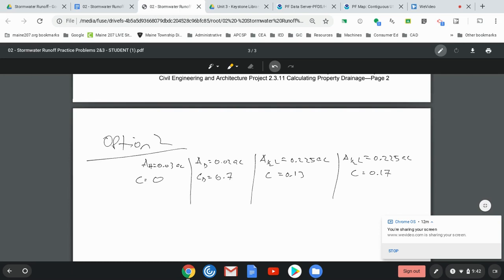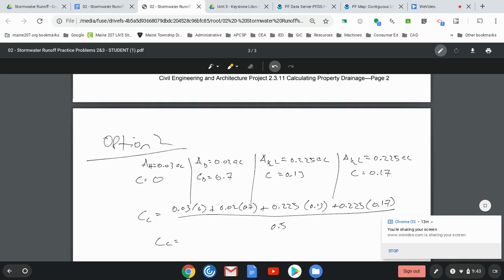All right, so our new composite C value is 0.03 times 0 plus 0.02 times 0.7 plus 0.225 times 0.13 plus 0.225 times 0.17. Again, all that still divided by our half an acre. So our new composite, don't need to worry about the 0.3.